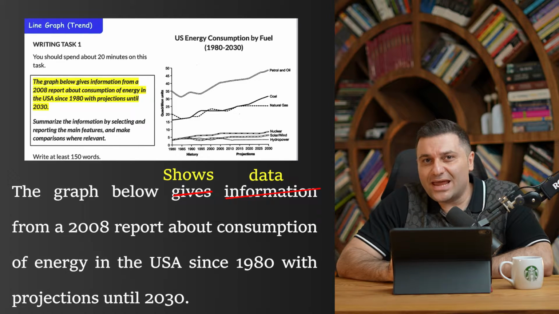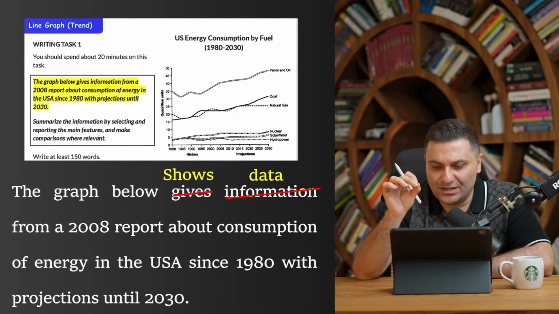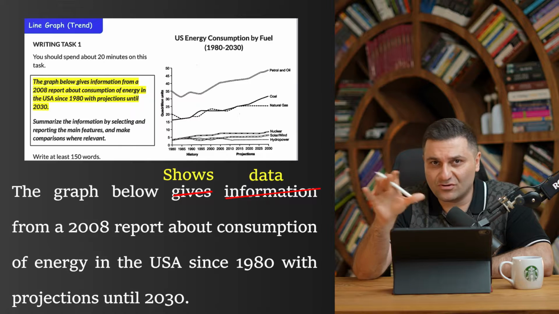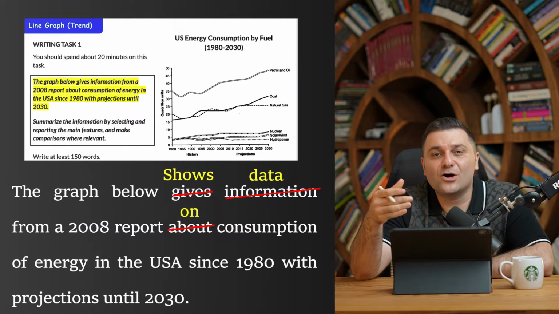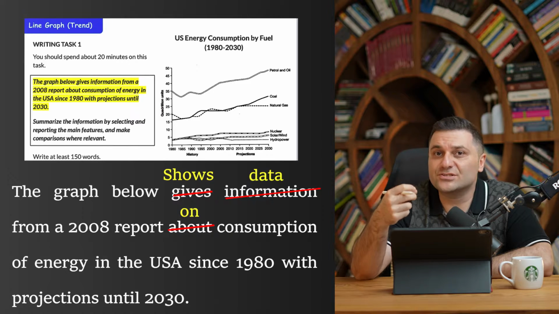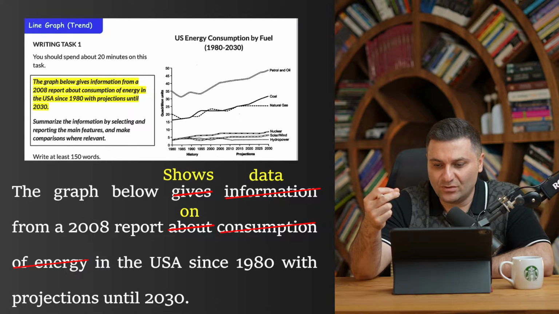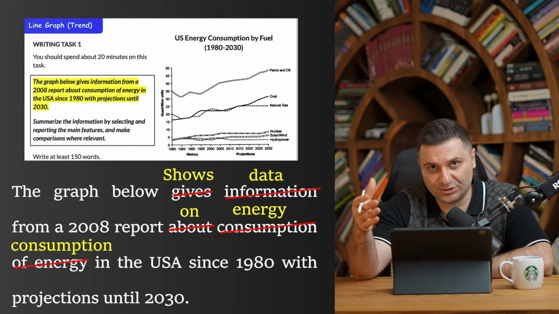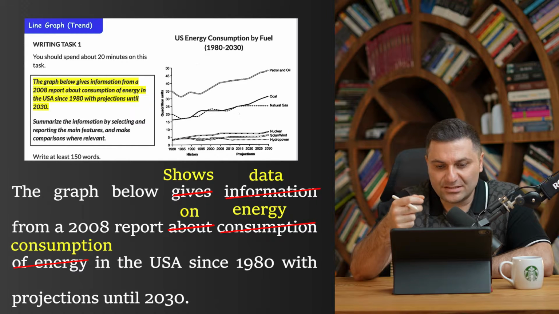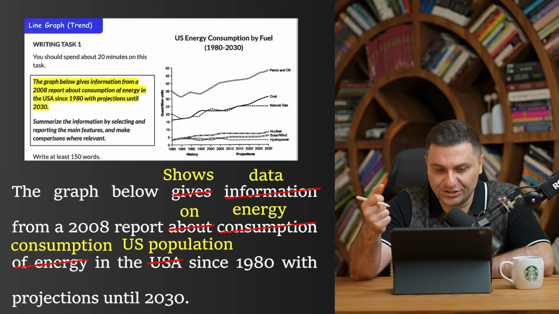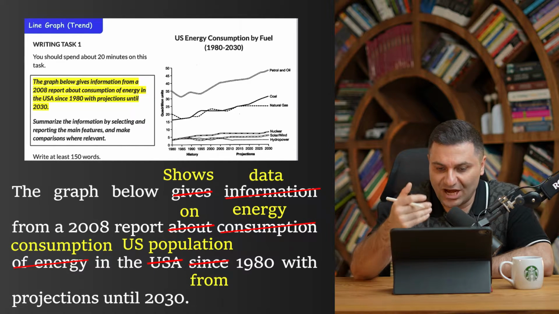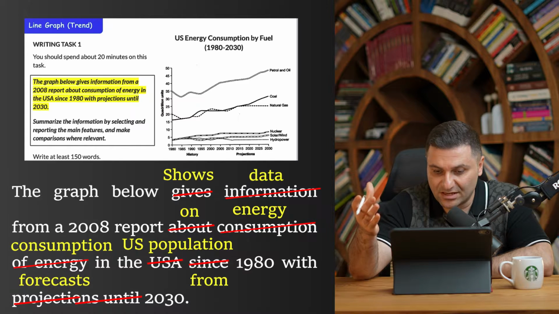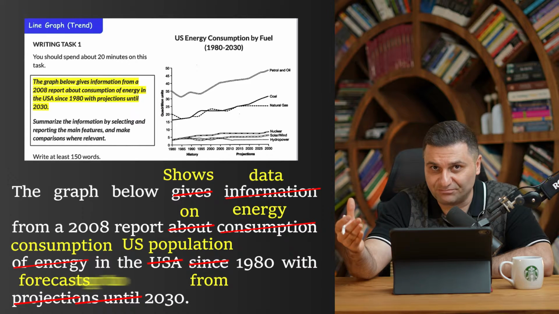And the 2008 report, we can delete this, cross it out. Instead of about, we write on. Consumption of energy, we can say energy consumption. Instead of USA, we write US population. Instead of since, we can write from. Projections, forecasts, and until, up to.